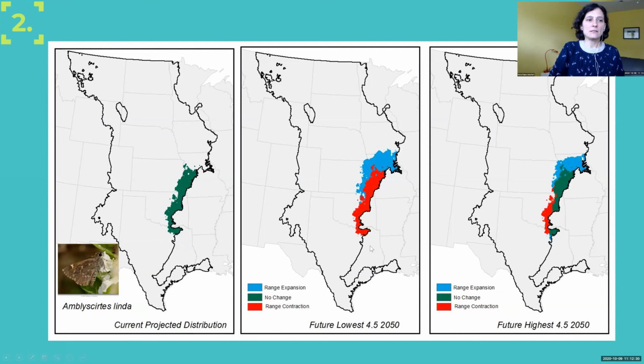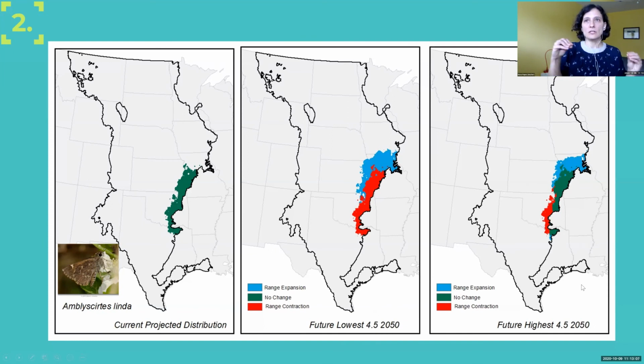Then this is the future potential distribution of the species under that RCP 4.5 moderate emission scenario, under the lowest global circulation model. And then this is what the potential distribution will look like in the future under the high global circulation model, high change, with the same emission scenario 4.5.